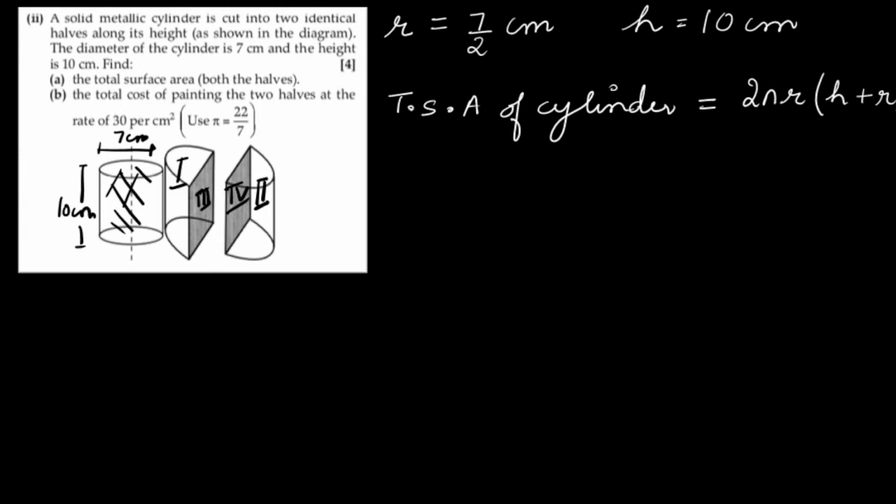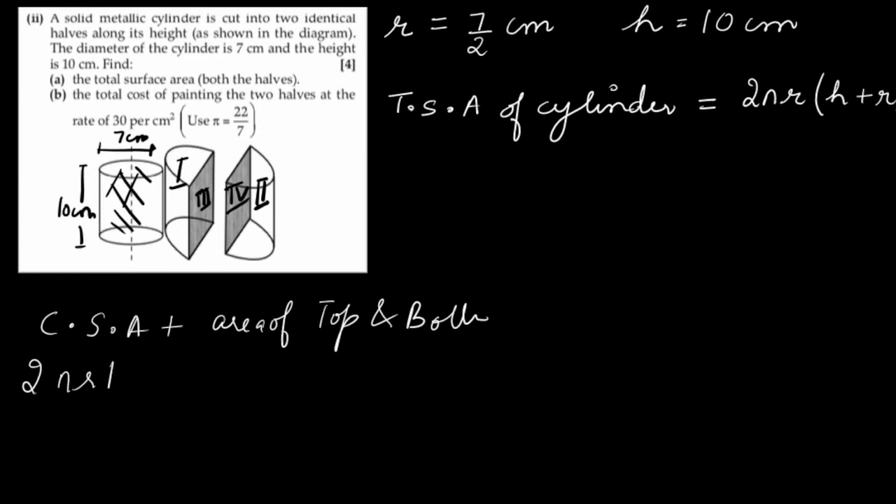If you don't know, the total surface area is actually curved surface area plus the area of the top circle and bottom circle. So that is 2 pi r h plus pi r square plus pi r square.